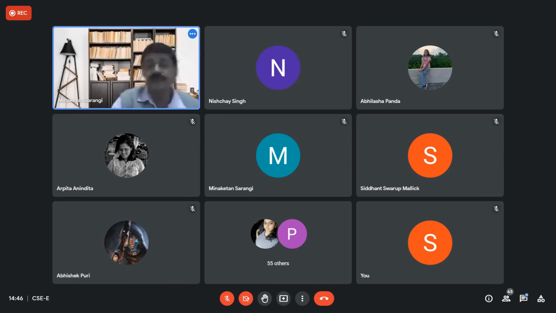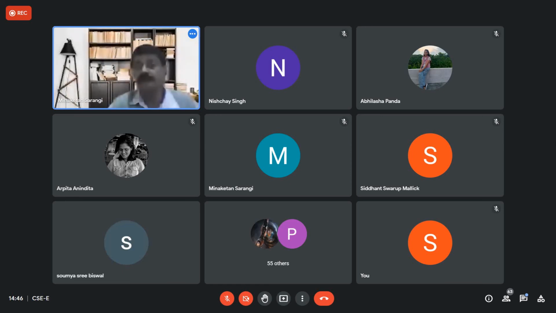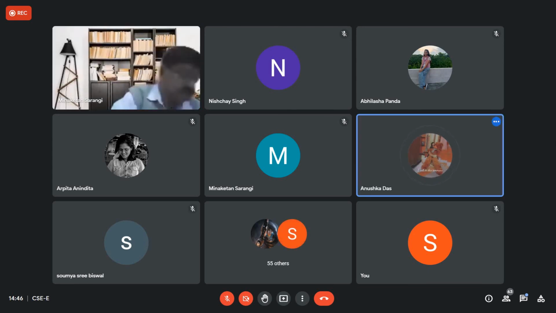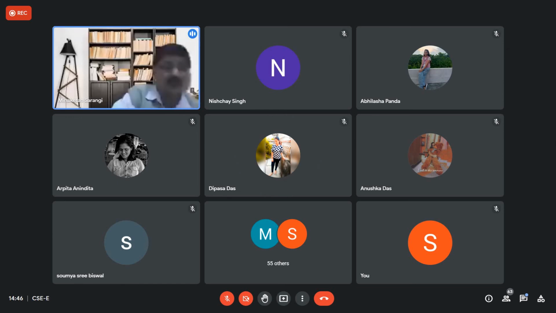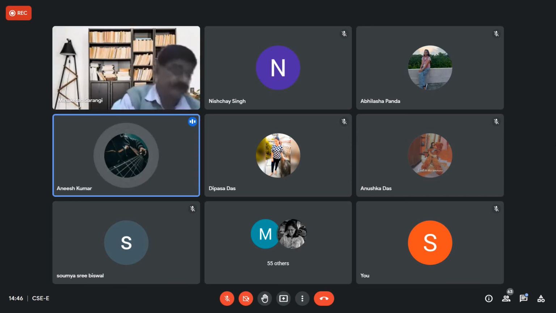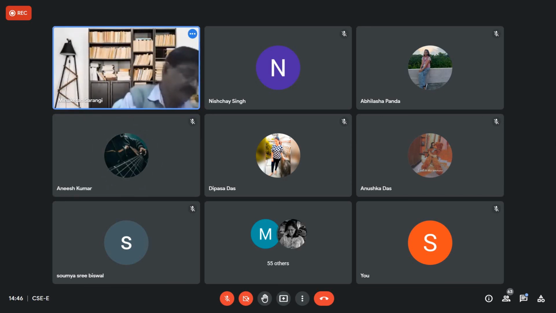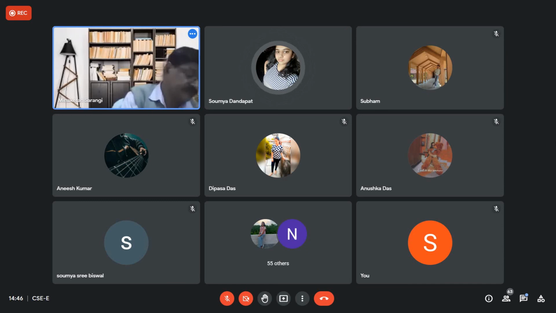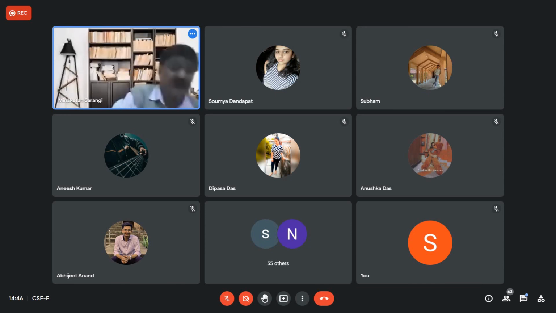Somashri Biswal, Present, sir. Anushka Das, Present, sir. Dipasha, Present, sir. Ayush Prasad, G. Anish Kumar, Present, sir. Shubham Das, Present, sir. Soumya Danpat, Present, sir. Abhijit Anand, Present, sir. Abhishek Puri, Present, sir.